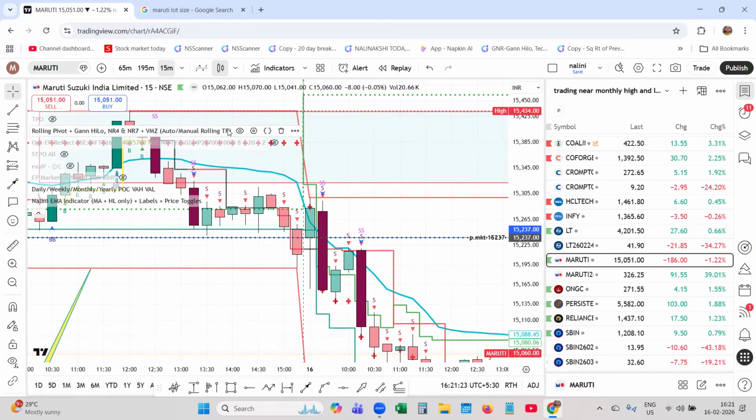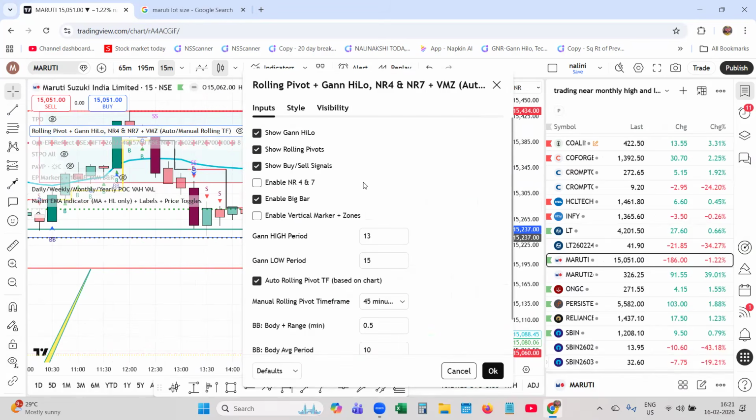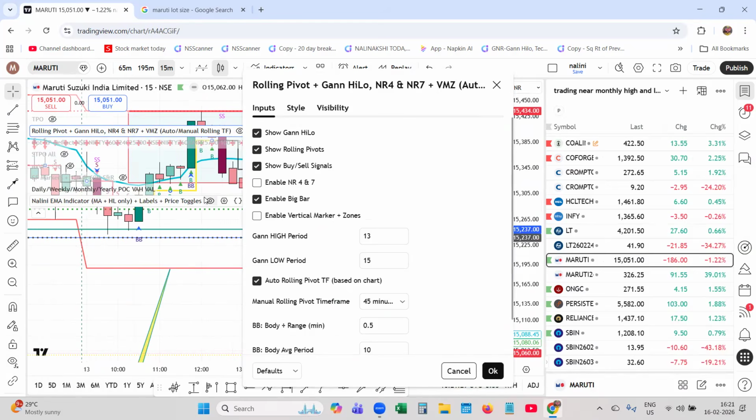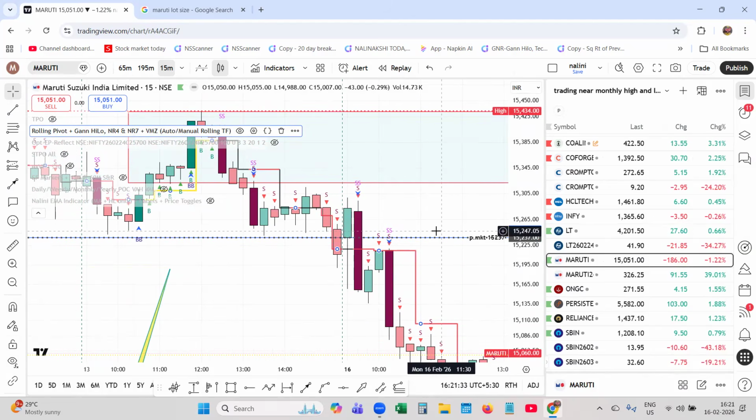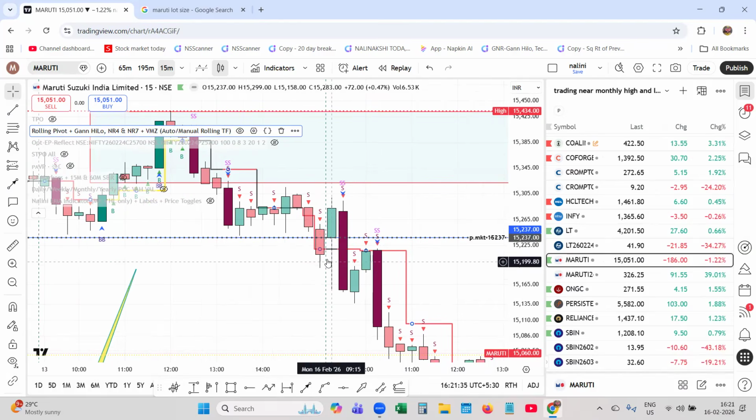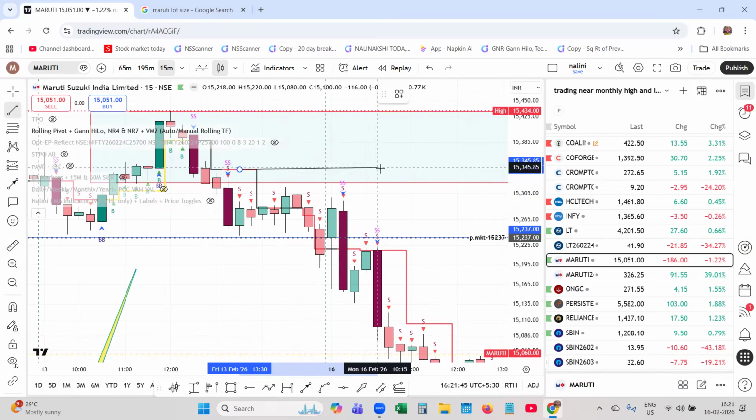When I enable the rolling pivot, let me hide these indicators. POC and rolling pivot, if you see, it is negative. From here, it was neutral, you can see over here. These are all negative. Pivot is negative, red color.